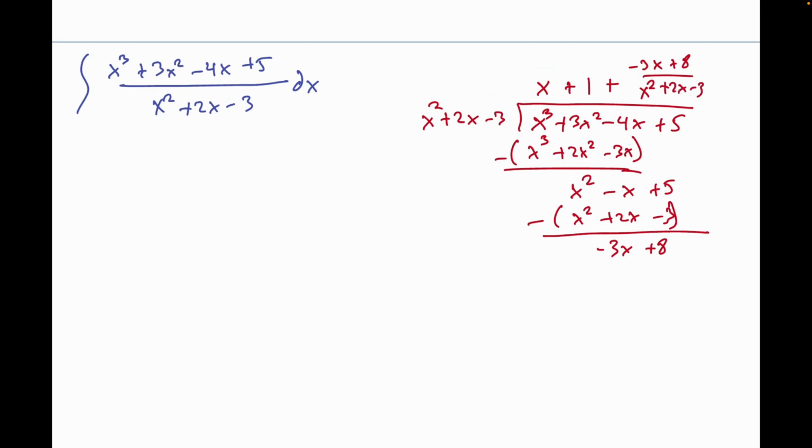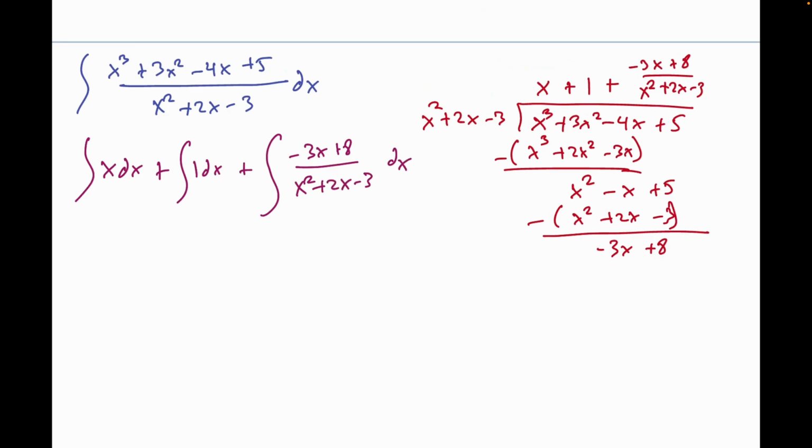Okay, so we can rewrite this integral now as the integral of x dx plus the integral of 1 dx plus the integral of negative 3x plus 8 over x squared plus 2x minus 3 dx.